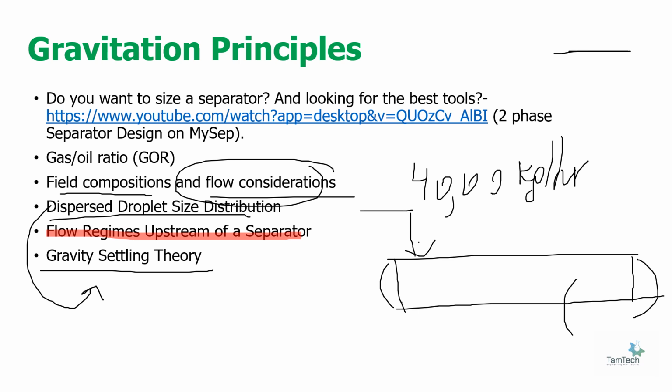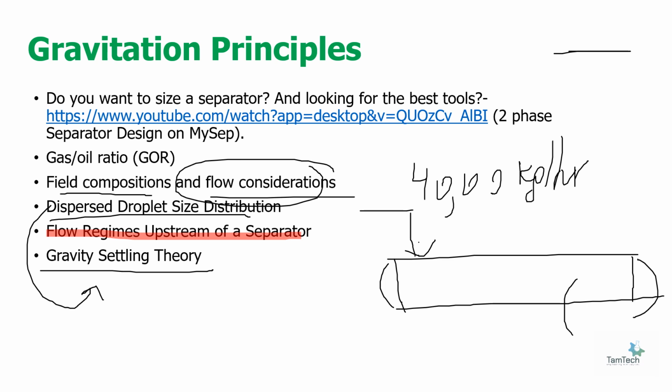In general, dispersed droplets will settle out of the continuous phase if the gravitational force acting on the droplet is greater than the sum of the drag force of the fluid flow around the droplet and the buoyant forces. So it means that gravitational separation will happen.